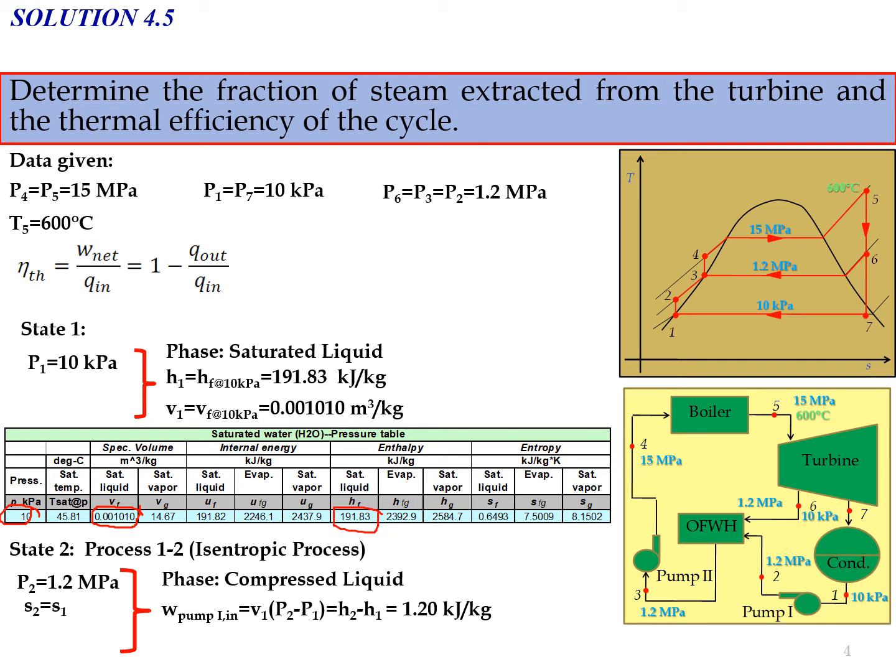So we already know the specific volume of state 1, the pressure at state 2, which is 1.2 megapascal, and the pressure at state 1, which is 10 kPa. From this equation, we can calculate the work pump in of pump 1, and from here also we can calculate h2, since we know h1, the enthalpy at state 1.